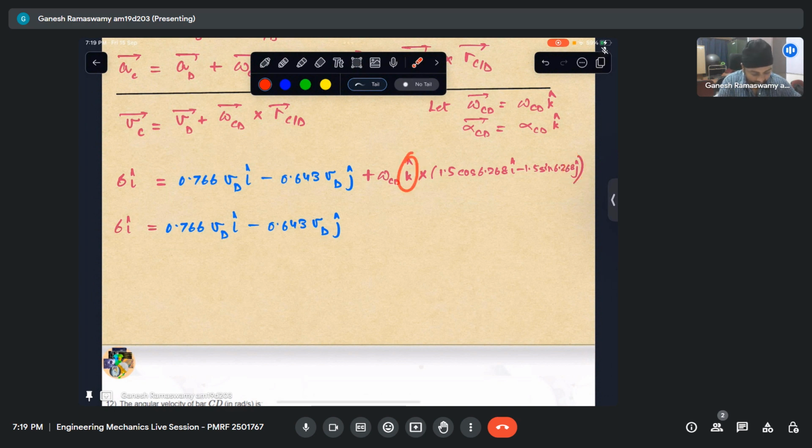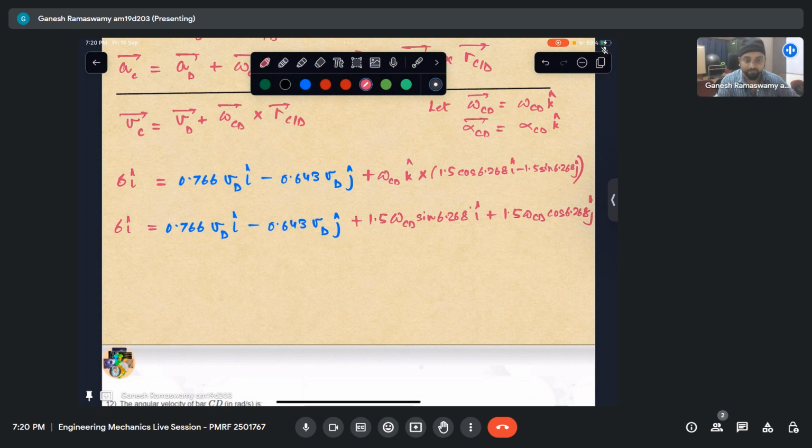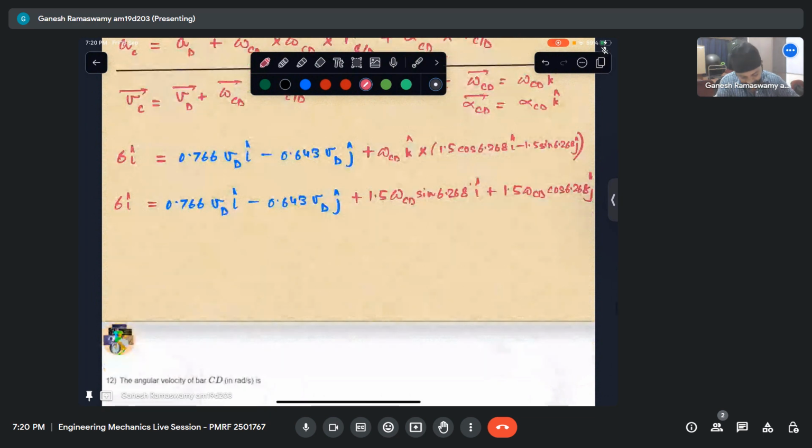So I have this as plus 1.5 omega Cd sine 6.268 degrees I, because this minus and that minus got cancelled, and then this will be plus 1.5 omega Cd cos 6.268 J. So I can group the I and J terms now.